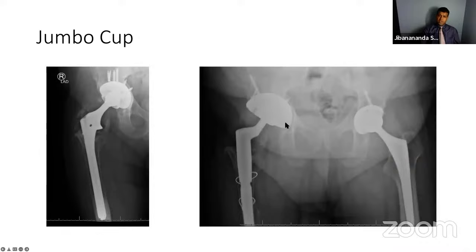This is a 78 cup and a bipolar head ball to make it a tripolar construct to make it more stable. It actually did really well. He's about 4 years out and did well for the hip part. Again, these are options. You can use a jumbo cup to get away with the bone loss in revision situations without any augments or grafting.